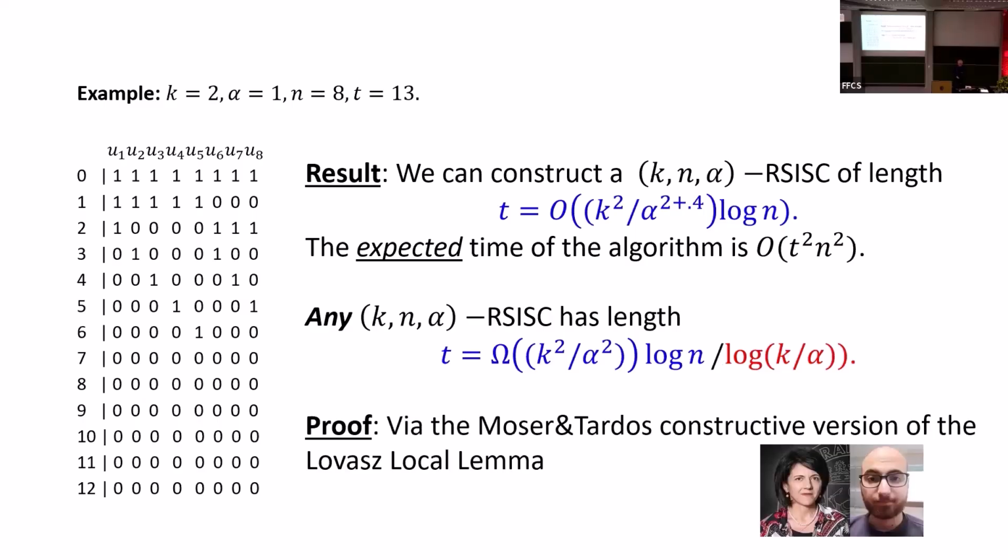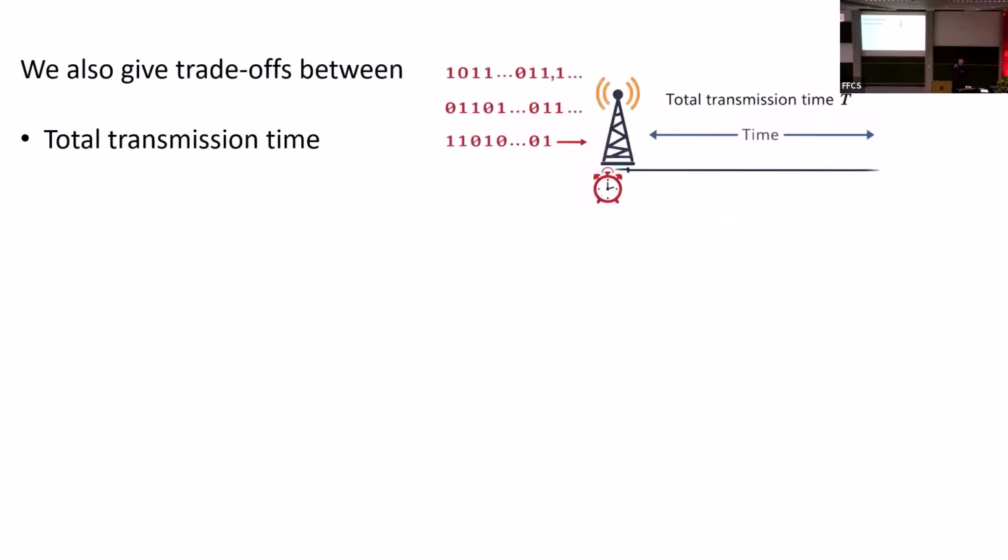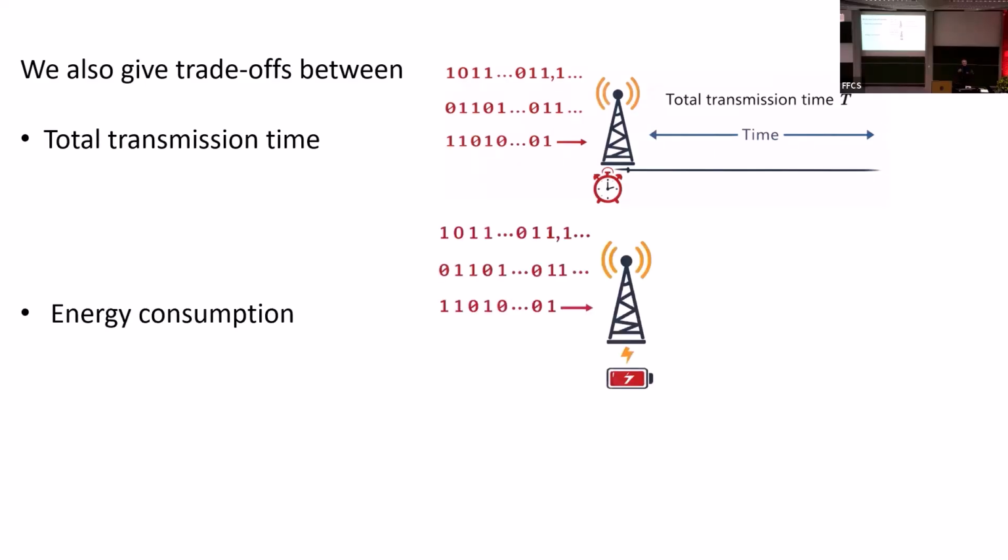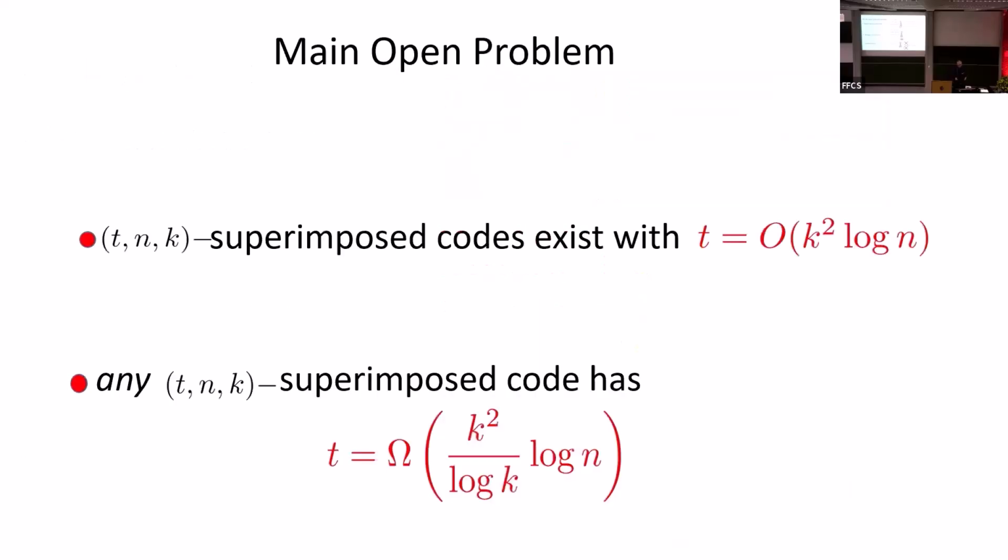That's okay, that's life. This is a result that I found with my collaborators, Adele Rescigno and Roberto Bruno. Anyway, we also give some nice trade-off between the total transmission time, the length of the protocol, the energy consumption, which is the number of instants in which the station really transmits, and the fault tolerance.